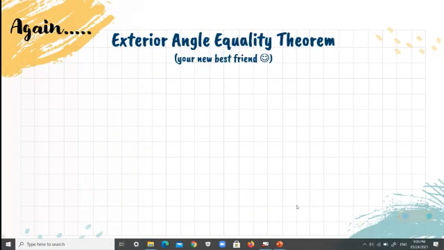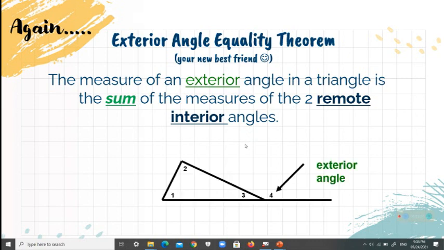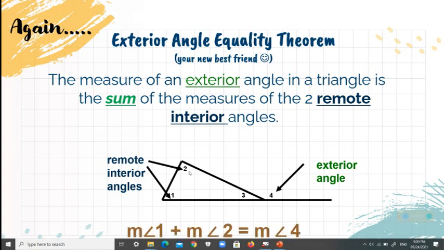So again, the exterior angle equality theorem, your new best friend, aside from the triangle inequality theorem: the measure of an exterior angle in a triangle is the sum of the measures of the two remote interior angles. So we have here the exterior angle, and the remote interior angles are angle 1 and angle 2.